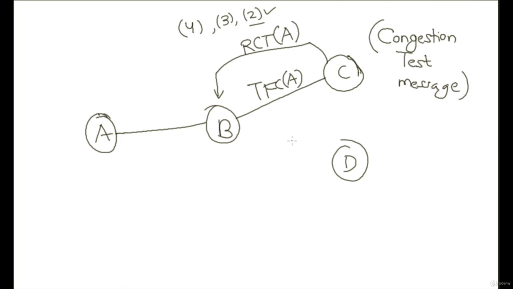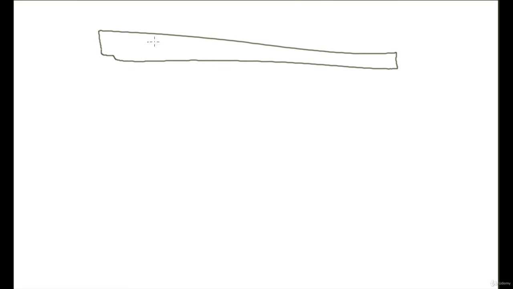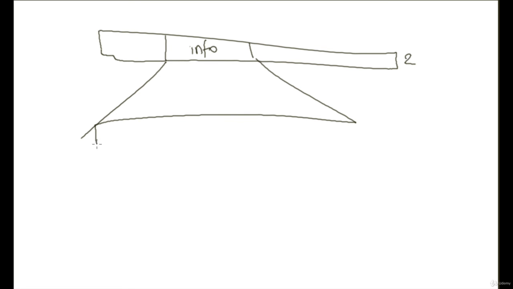So let us look at the format of this RCT message. This message is again MTP2 layer, and it has the information bits: SI, RL, H0, and H1.